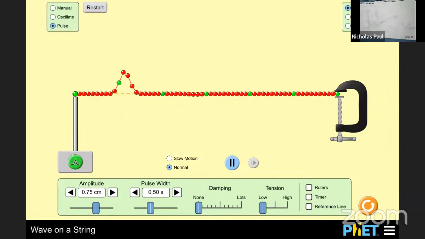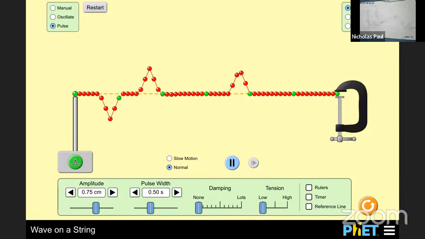Now look at what I'm going to do. I'm going to send two pulses. Tell me what you recognize when the two pulses interact. You'll see a little superposition.